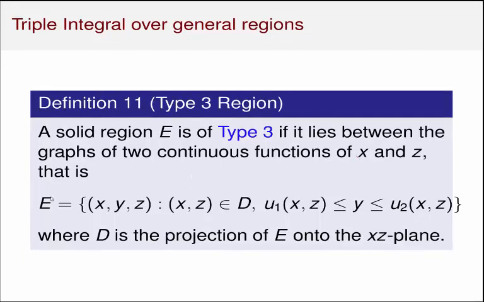So this time, the solid E consists of points such that xz comes from a region D on the xz plane, whereas the variable y is bounded by two functions of x and z, given here by u1 in the lower bound and u2 in the upper bound. Again, the region D is known as the projection of the solid E.